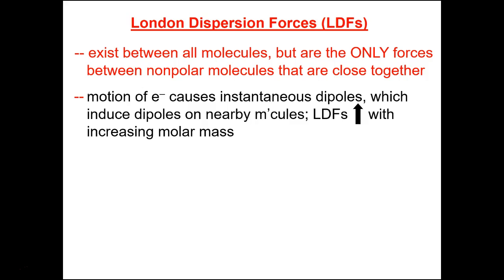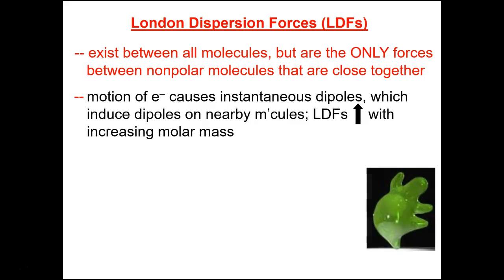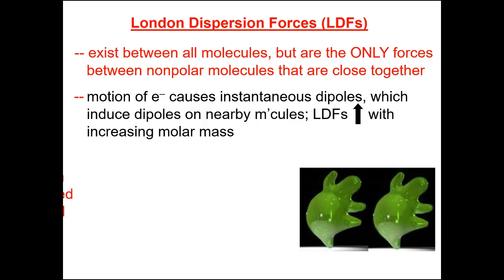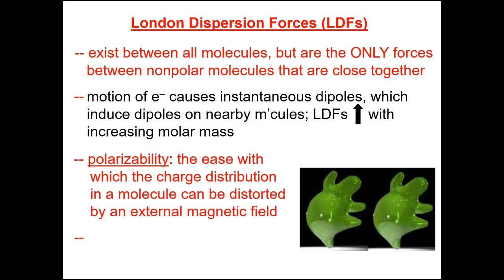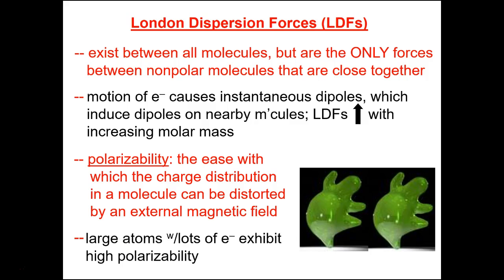If you have lots of atoms with lots of electrons, you have increasing LDFs. So large nonpolar molecules are considered to have high LDFs, like the gloop here. Large atoms with lots of electrons exhibit high polarizability, which means an ease with which the charge distribution can be distorted.